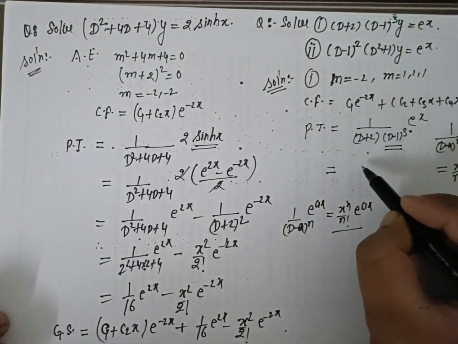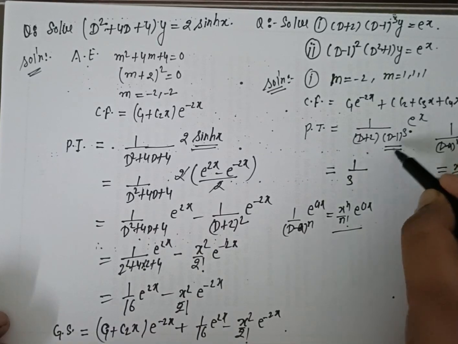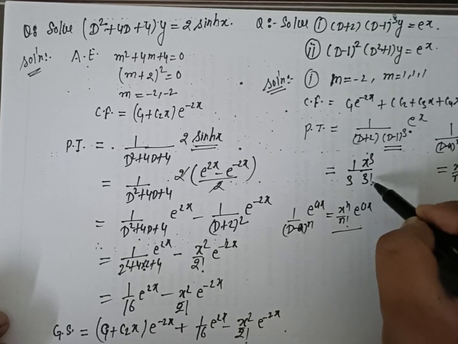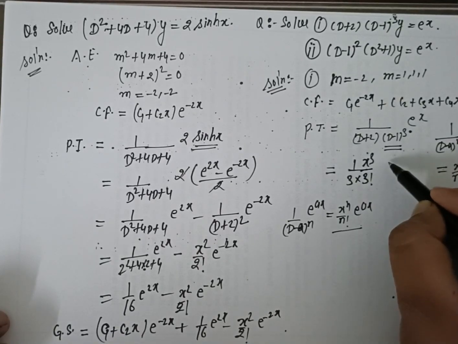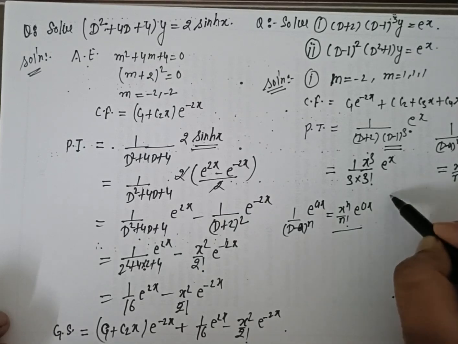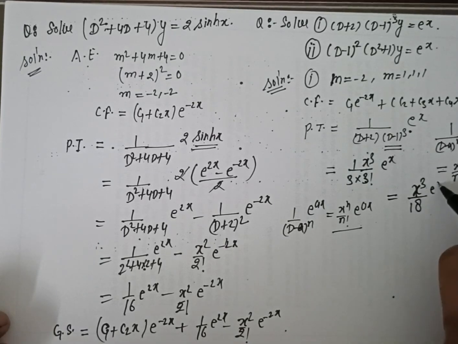So you can write it as 1 by 3 and x to the power 3 upon 3 factorial, and e to the power x. 3 factorial is 6, 6 times 3 is 18, so 1 by 18 x to the power 3 e to the power x.